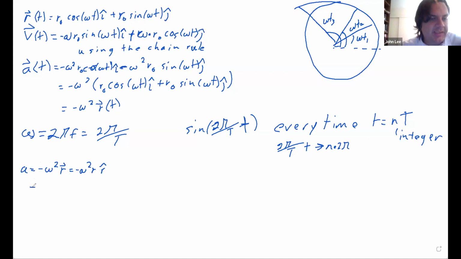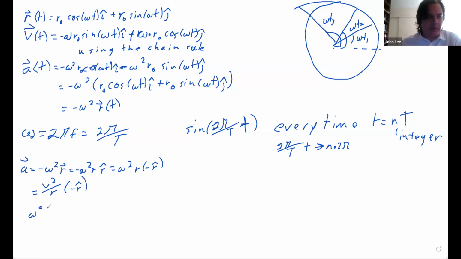And this equals omega squared r in the negative r hat direction, which means that it's just pointing along the center of the radius. So if this is the case, then we know that A equals V squared over R in the negative R hat direction.